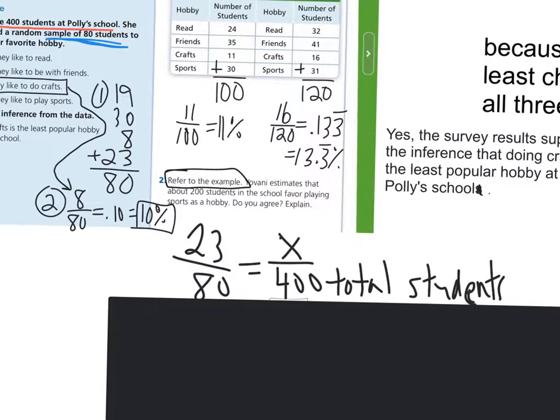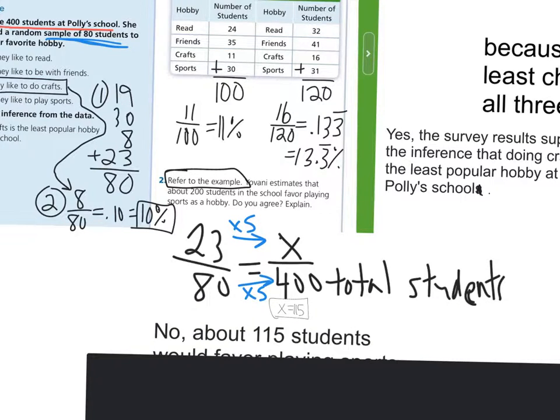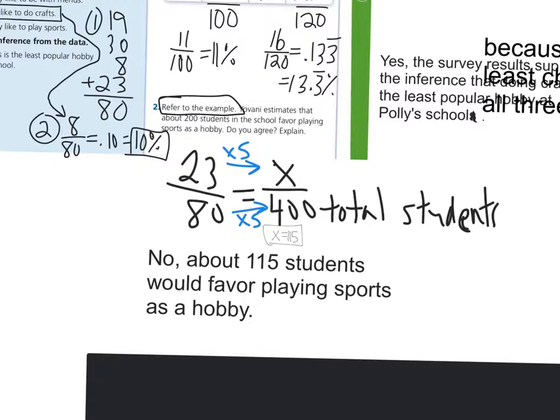So this would be our proportion that we would need to figure out based off of that example. So you might notice a pattern here going from 80 to 400. It's multiplying by 5. So 23 times 5. Again, if you don't know what that pattern is, take 400 divided by 80 and you'll figure that out. And so then we'd get 115.